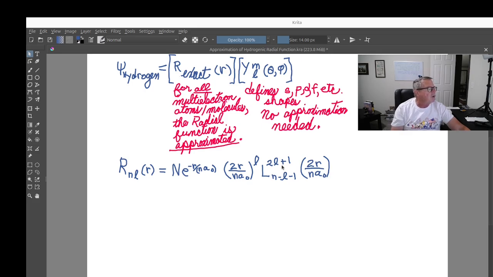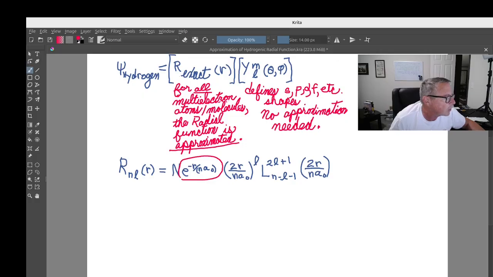So what I'm going to do is underline a certain part of this that's really important. I want to focus on this character right here. This is what we're going to use in our approximation. This becomes very important. Notice what happens as r gets very large.